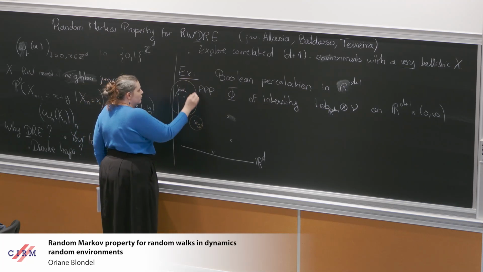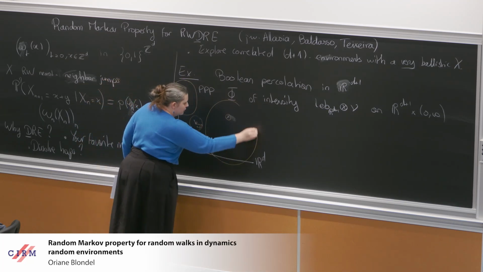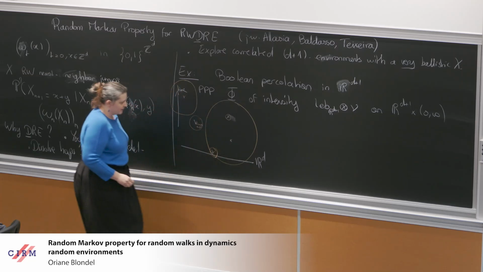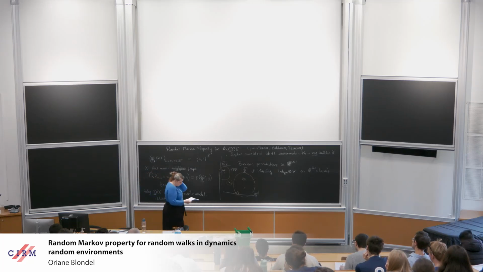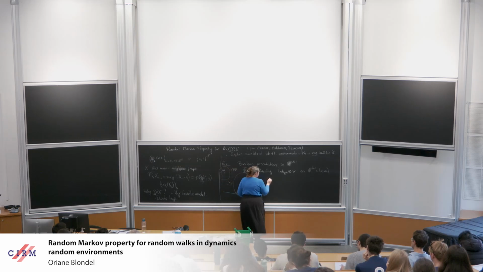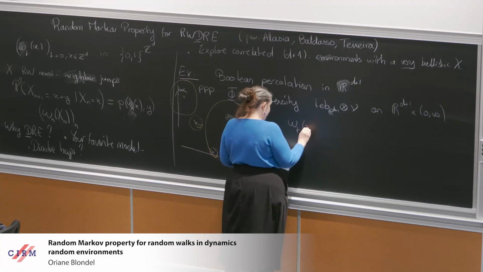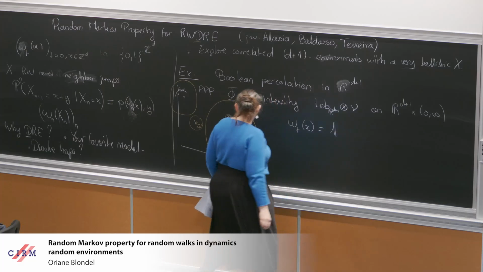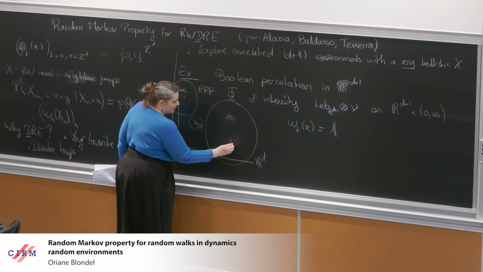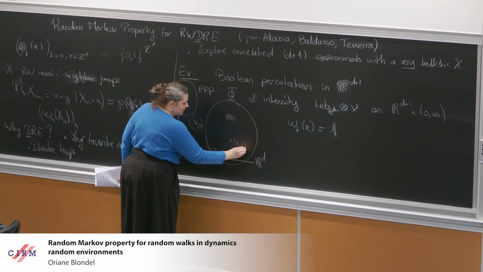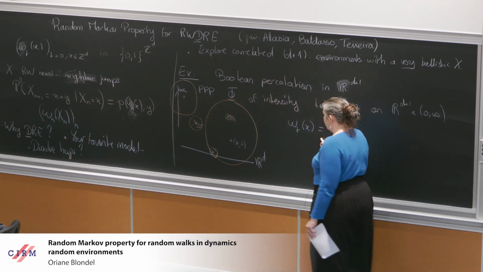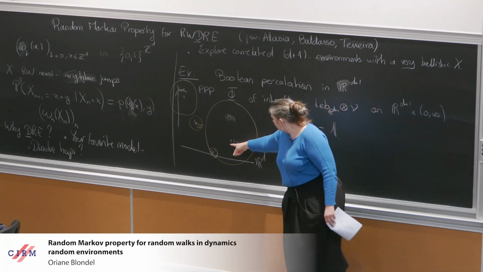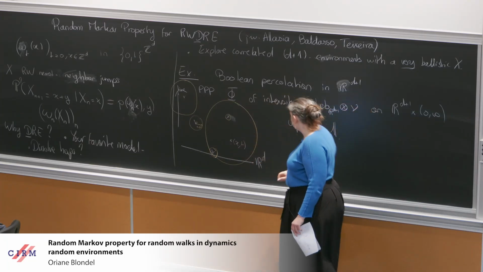So maybe I have some big balls or smaller balls, and I have a picture like that. So far that's not an environment of this form. It's going to be once I declare that omega_t(x) is just the indicator function. My points here have a coordinate in R^d and a coordinate in time. So my environment says I am 1 if my point (x,t) is inside a ball.